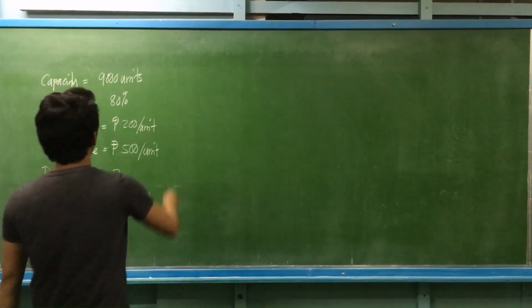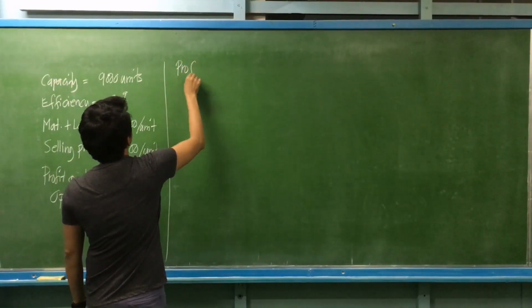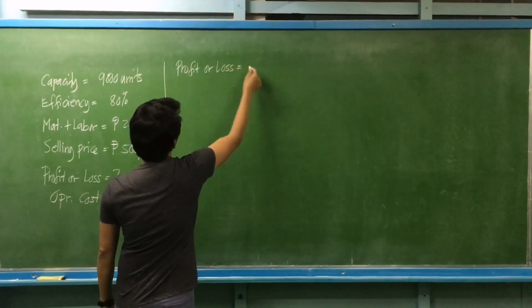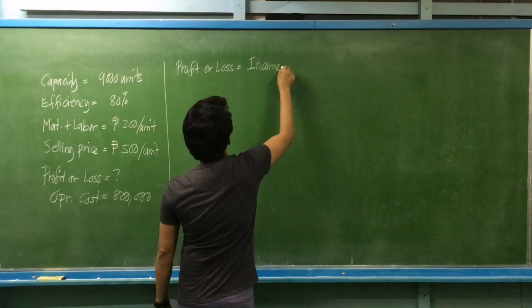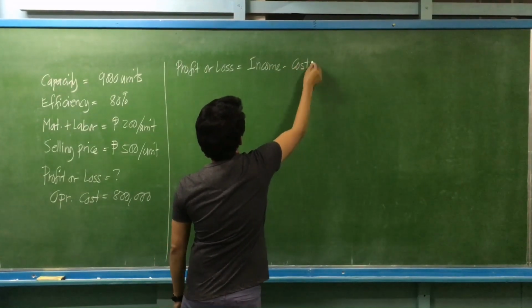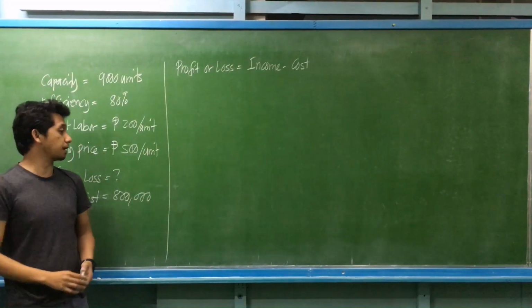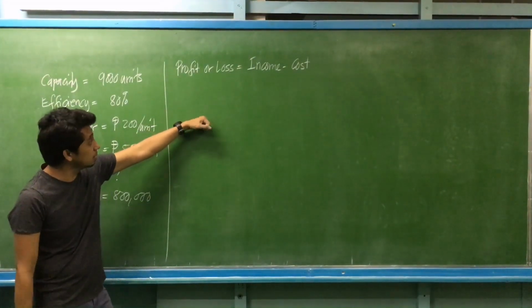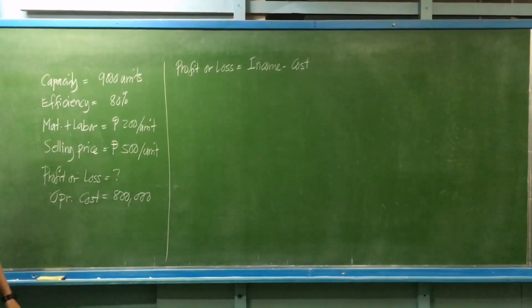Okay, so paano ba kumuha ng profit or loss? So pag sinabi natin profit or loss, that is equal to income minus cost. Kapag positive, obviously, that is profit. Kapag negative, that is loss. Kumbaga, talo siya or hindi siya kumita. So, paano ba tayo magkakaroon ng income?